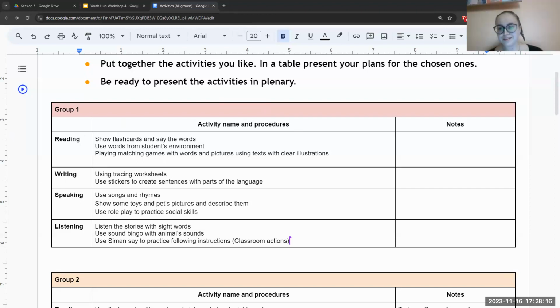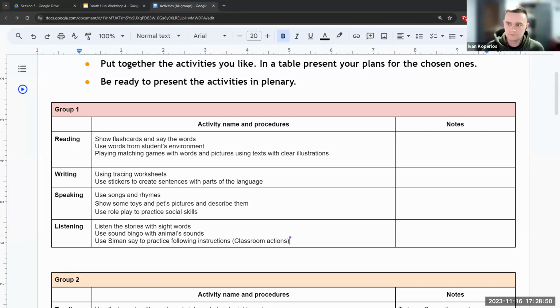Okay, I will introduce my group, the first group. Reading actions. The first is to show flashcards and say the word. A child with Down syndrome wants to see different pictures and visuals, and we can use different flashcards on different topics.